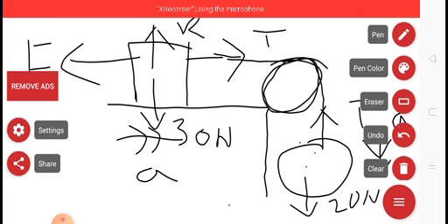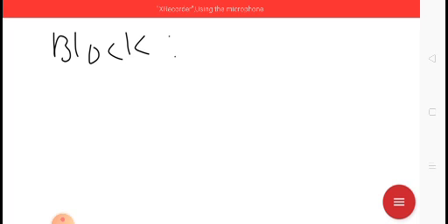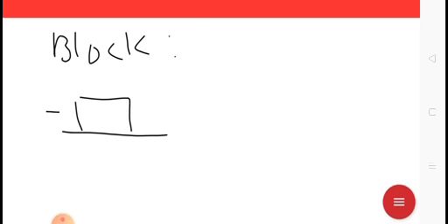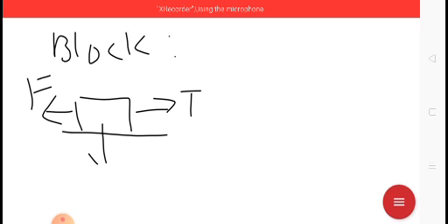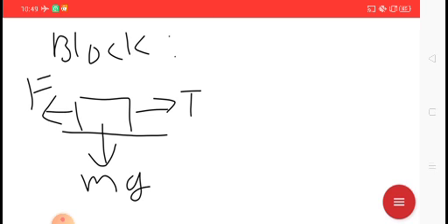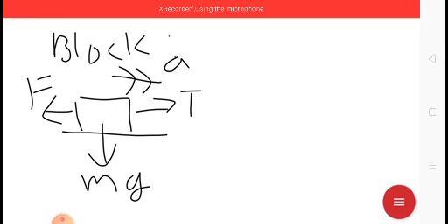I jump to the next part. For the block, you take the block out. Friction is on this side. You have tension on this side, and mg here. If you want to form a net force equation in the direction of movement, A, you can form this for the block: remember to take the direction of movement as the positive direction.